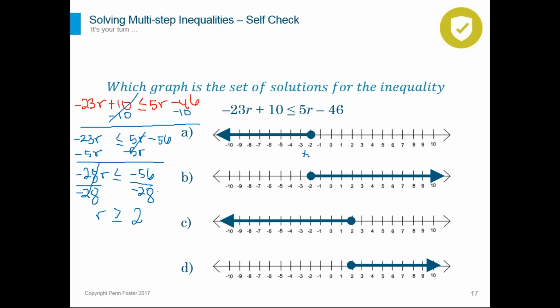The negative 2's are wrong, so I'm going to eliminate those answers. The one I'm going to pick is the graph with r greater than or equal to 2. So this is the answer, D. D is the answer. Let me know if you see anything wrong with my work or anything that does not make sense as far as the final answer.